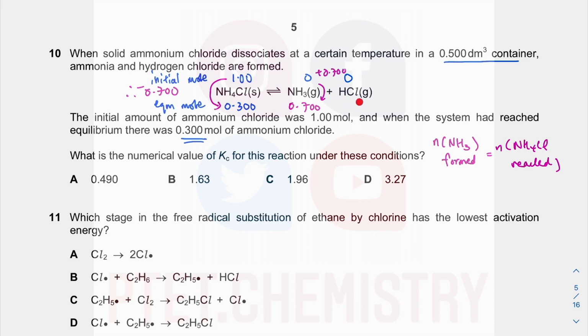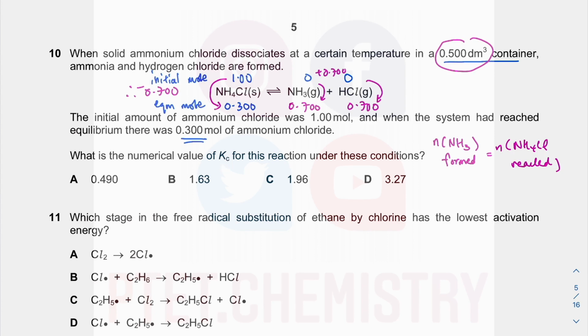The same thing with HCl. 1 mole of this will react to form 1 mole of HCl. 0.700 mole of it would therefore form 0.700 mole of HCl. In most cases where the volume is given as 1 dm cube, your life is easy. Here you always have to keep in mind that it is concentration that we use for Kc and not mole.